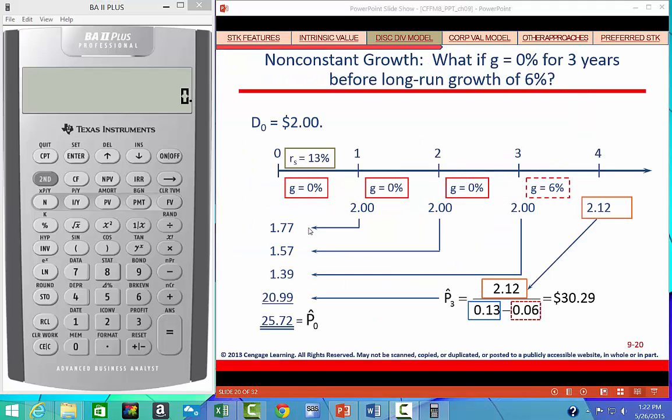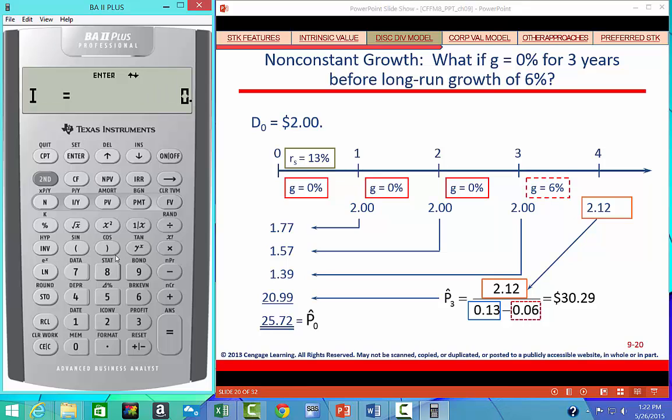If you wanted to see how to solve this in the calculator, we would just enter the cash flows, go to the cash flow register, and I need to hit second clear work to clear out the previous problem that I worked. I need to enter cash flow 0 is 0, hit the down arrow key, and then cash flow 1 was 2, cash flow 2 was 2, and cash flow 3 is 2 plus the $30.29, so 32.29, and enter.